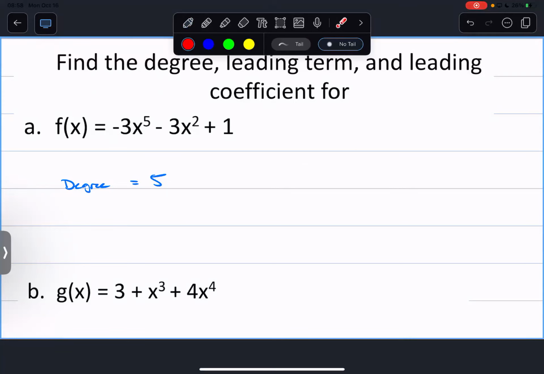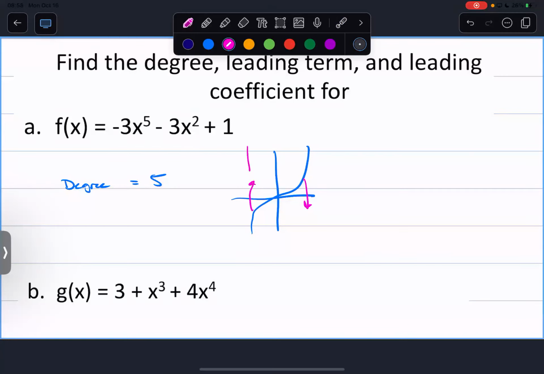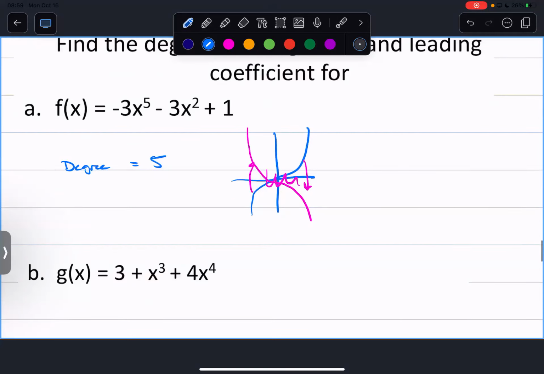We know that an odd power looks like this, but now it's been switched around the x-axis. There might be stuff going on in the middle, but overall it'll look like that. We're not quite there yet. I got carried away, but that's why we need to know the degree and also the leading coefficient.